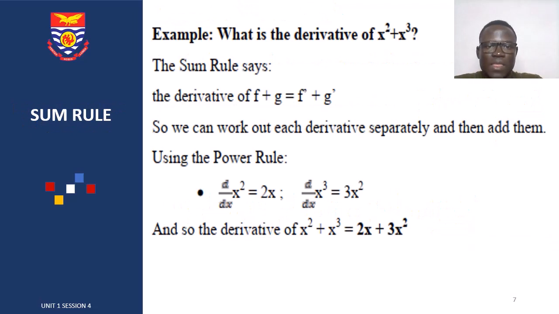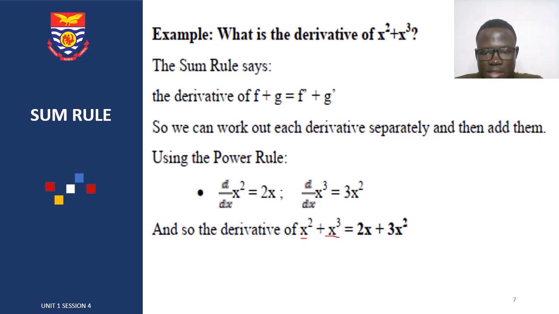Now the sum rule says the derivative of f plus g, that's the function f and the function g, will be the derivative of the function f plus the derivative of the function g, then we add them together. So if we are going to find the derivative of x squared plus x cubed, then we have to look at the derivative of x squared alone, the derivative of x cubed alone, then we add them together.